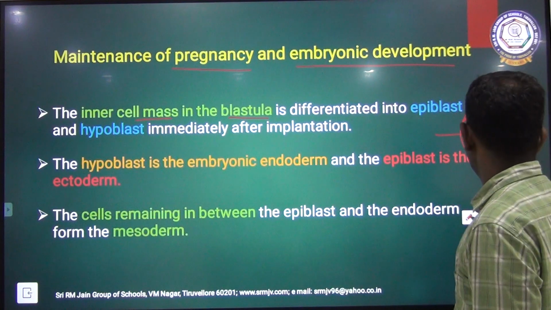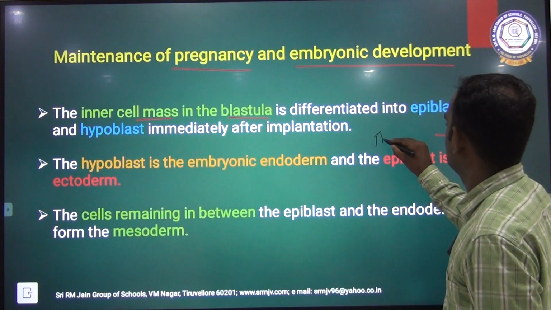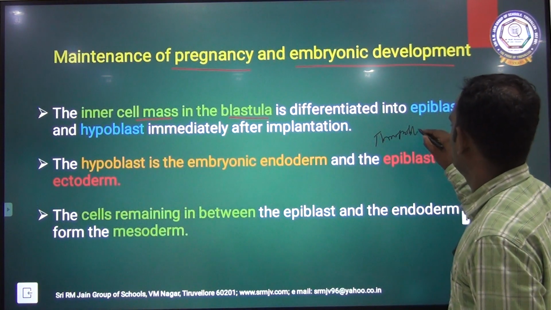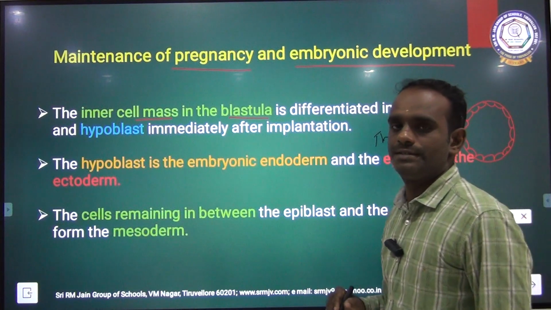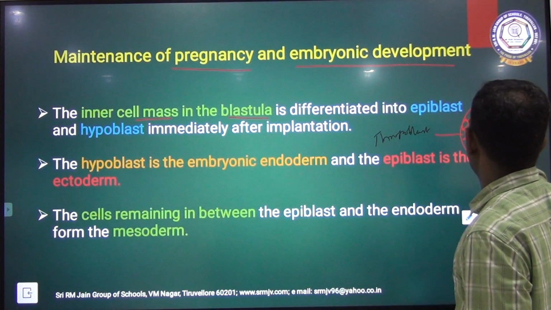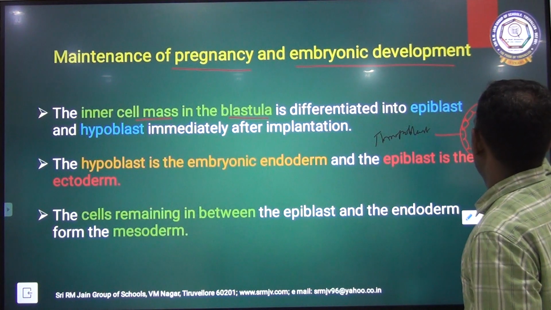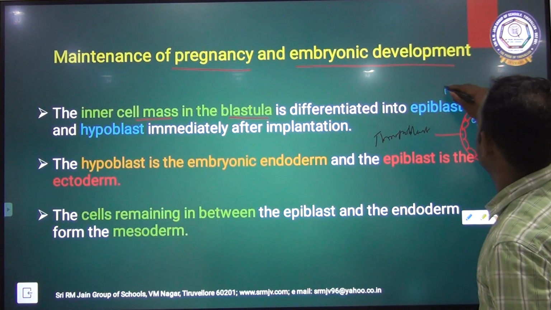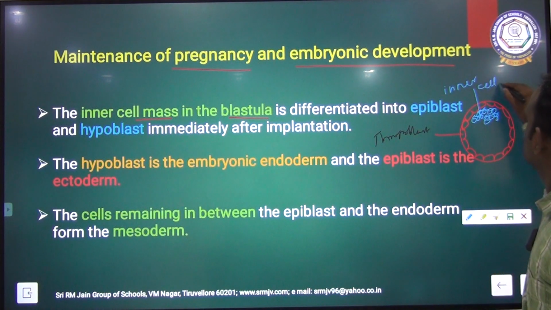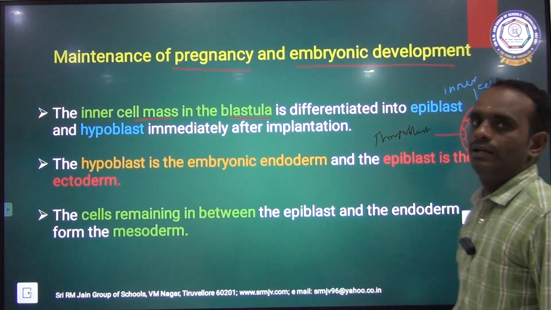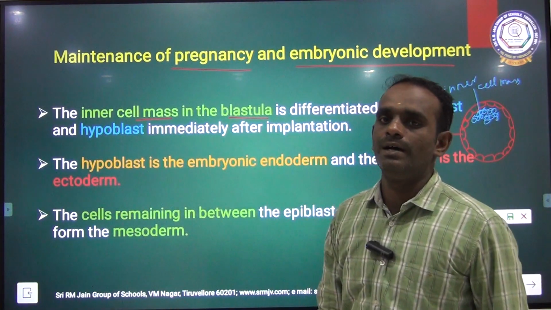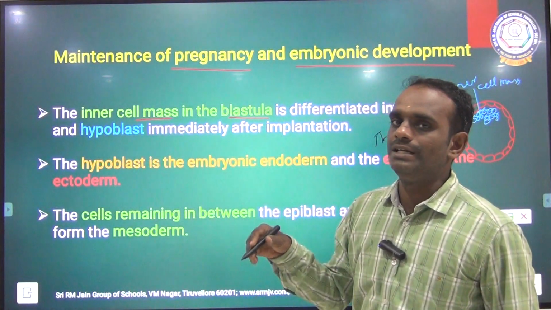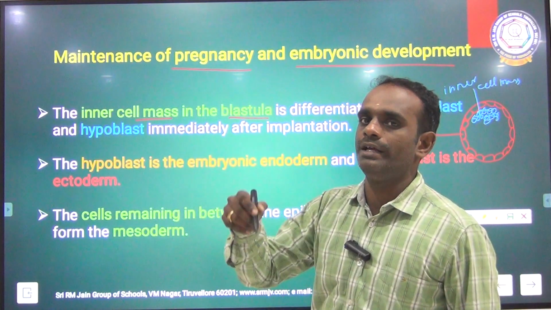This is called trophoblast, and inside that is a 20 to 30 cell mass, that is called the inner cell mass. Blastocyst is nothing but the 100 cell stage. This blastocyst only implants in the uterine wall.